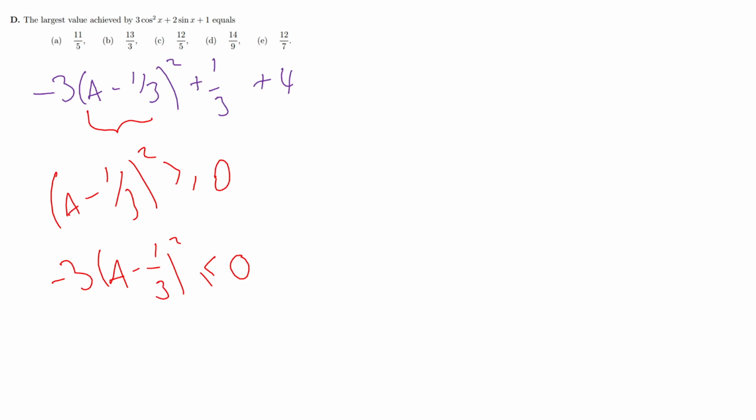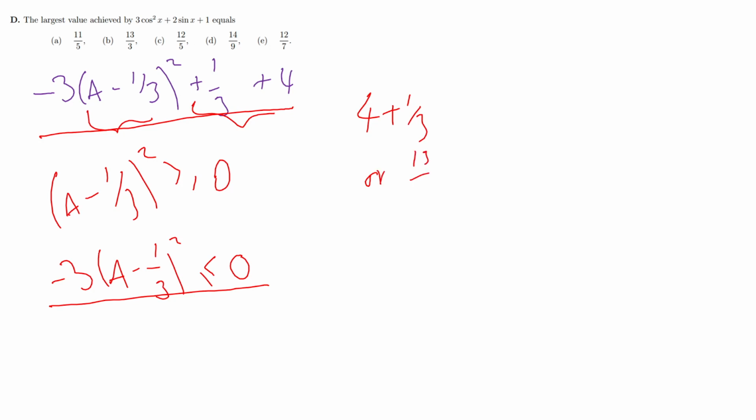Now, how does this differ from our expression? Well, we're missing these two numbers here, 4 and 1/3, or, if we make it improper, 13/3. Now, if we add this to both sides, we have 13/3 minus 3 times a minus 1/3 squared.